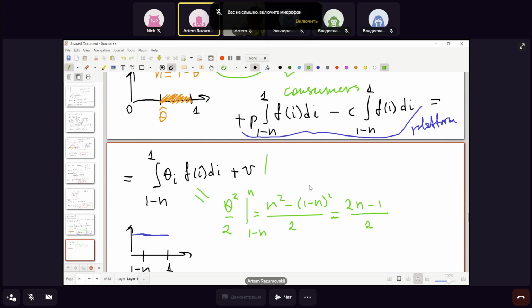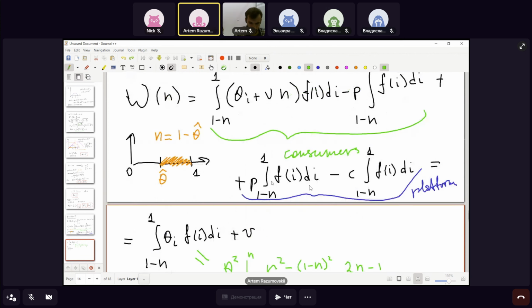Then we have the integration. What we have is V times the integral, so then we have 1 minus (1 minus n). This is just the number of consumers. It's n, finally.